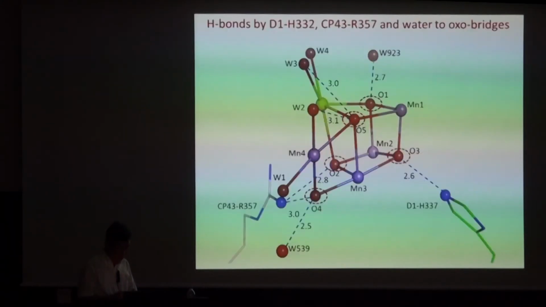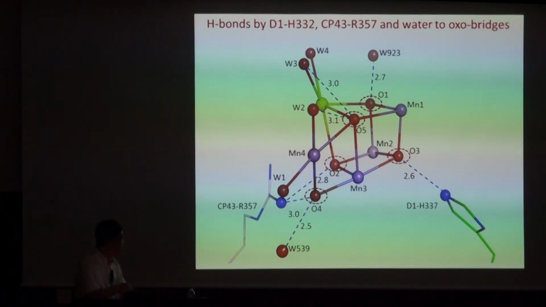What is more interesting is that there are several additional residues and water molecules surrounding this cluster, which do not coordinate to the metal ions directly, but they provide hydrogen bonds to oxygens. And this histidine residue is hydrogen bonded to oxygen 3, O3 here, for example, and this arginine residue is hydrogen bonded to 2 oxygen atoms, O2 and O4.